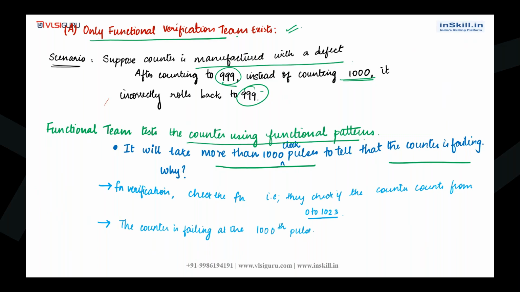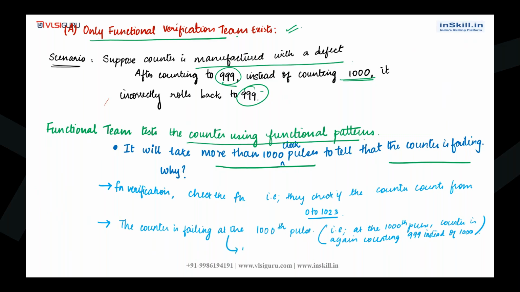Because at the 1000th pulse, the counter is again counting 999 instead of 1000. So that is why the counter is failing at the 1000th pulse.